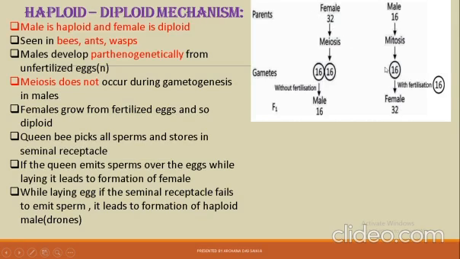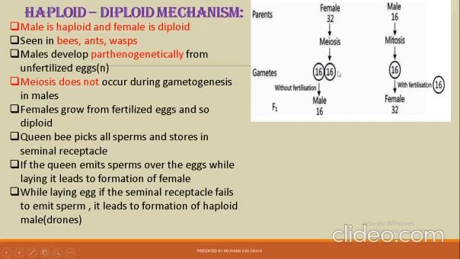Now when the queen bee is laying out the eggs, if at that time some sperms are released due to pressure upon the seminal receptacle, then one egg will undergo syngamy with the sperm, forming a female. That is fertilization.